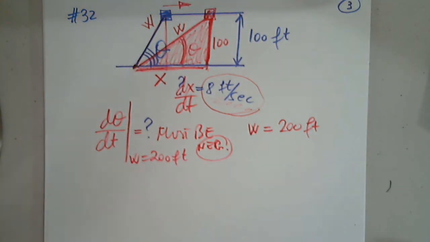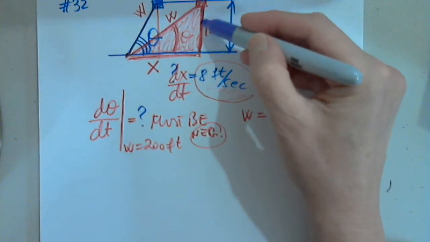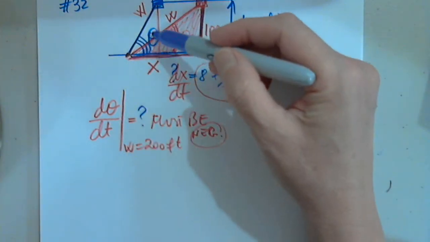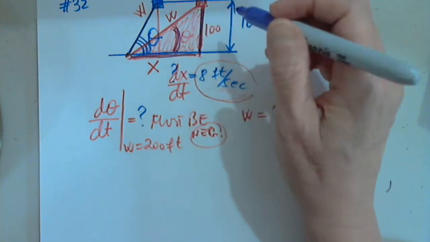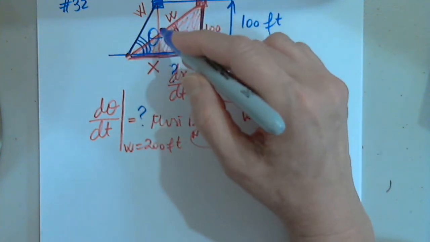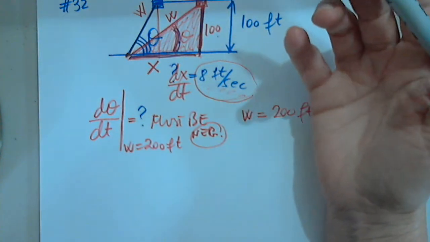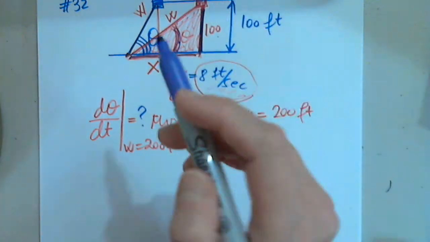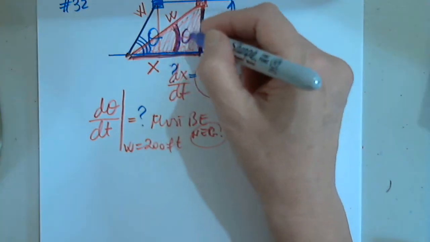Okay, now what I would like to involve is this height and this, and not involve W because I don't have any knowledge about W. And of course, the angle theta. So when we look carefully at this triangle, what would you think of that involves this, which is the opposite, this, which is the adjacent, and this, which is the angle theta?